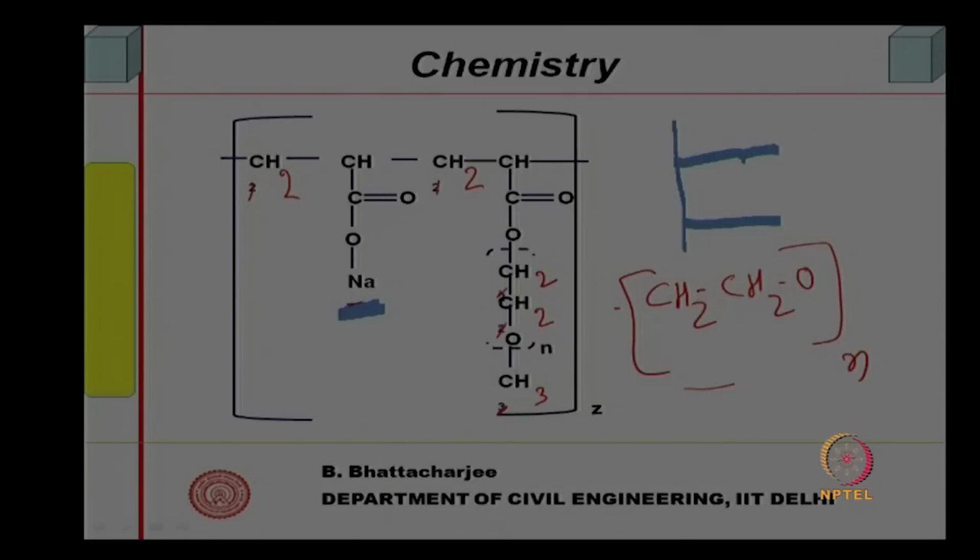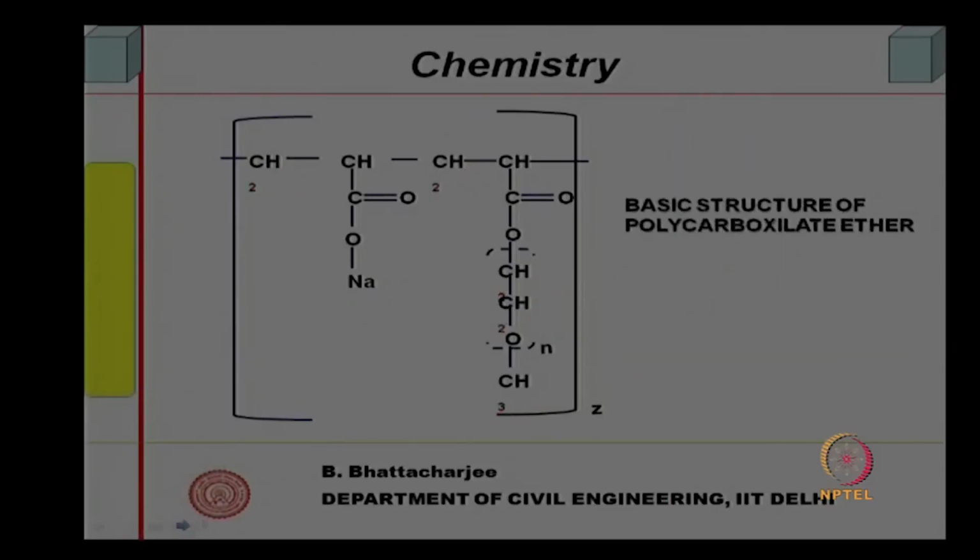More importantly, you can change this copolymer, it need not be CH2CH2O, ethylene glycol, as we shall see. You can have any polymer, copolymer here, any other ether. Therefore, by changing this, you can actually tailor-make the property of this plasticizer.